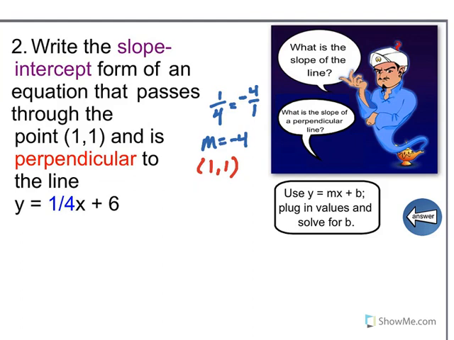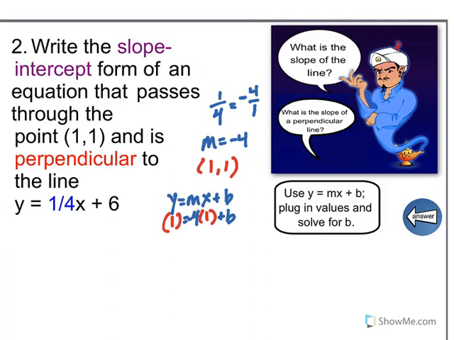Now that I have the slope, we can begin to write the equation. We don't know the y-intercept, so we're going to have to solve for it. I can take y equals mx plus b, slope-intercept form, and substitute in the values that we know. I substitute in the point, so my x and my y are 1 and 1, and put my slope in, which is negative 4.